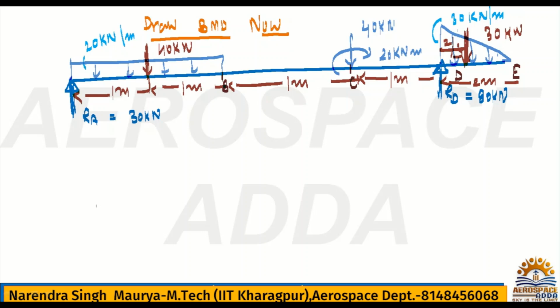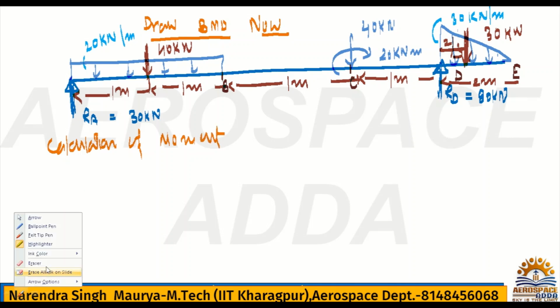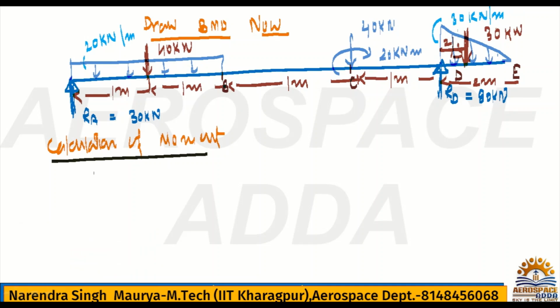Now we are going for the calculation of moment. As I told you, the property of the beam I had already explained. At end points the moment will always be 0.